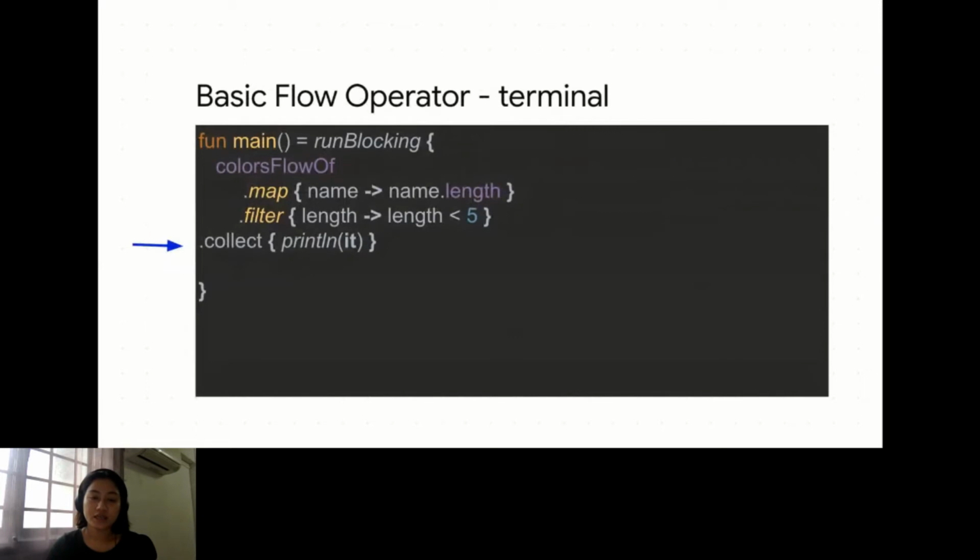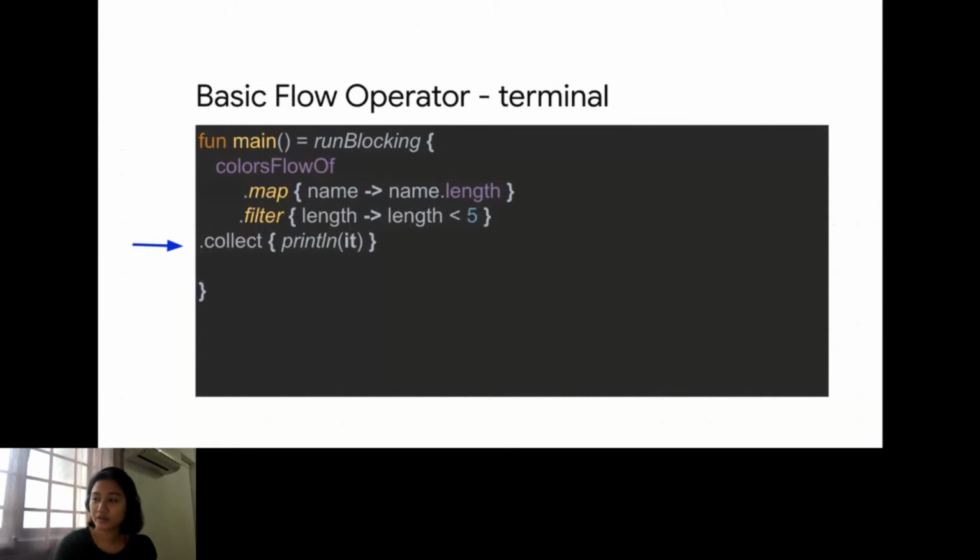Okay, since collect is a suspending function, it can only be called from a coroutine, and then we use the runBlocking function for that.